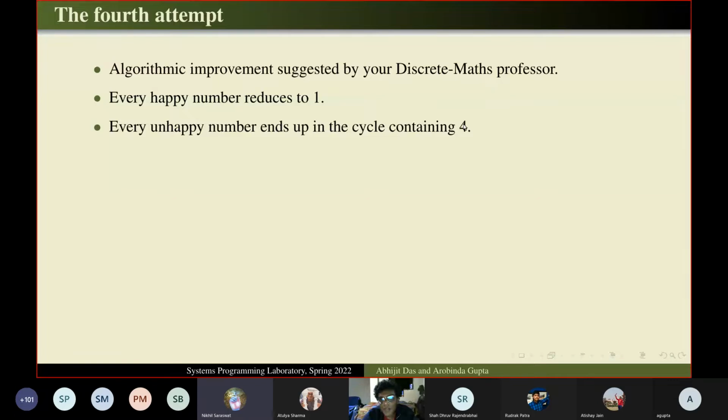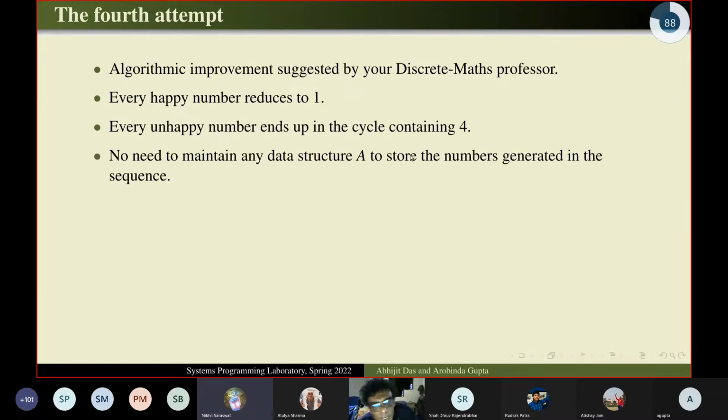If you eventually come to 4, declare that number as unhappy. Why is this true? Don't ask. This is a discrete math assignment. In fact, I have told everything earlier in order to arrive at a proof by induction.